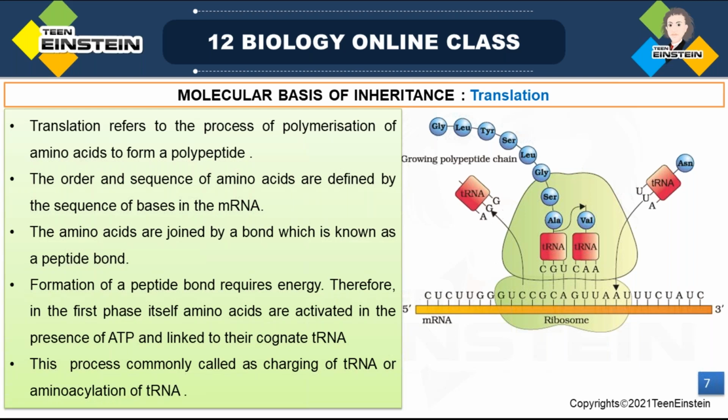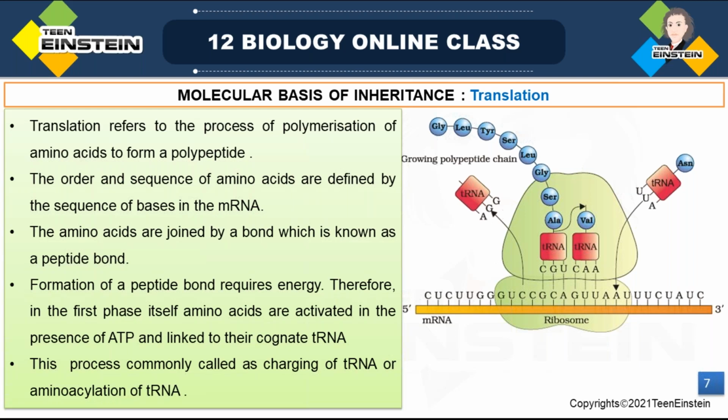Amino acids will get energy from that ATP, and these amino acids are linked to their particular tRNA. This particular step is called amino acylation. It is the starting stage of protein synthesis or translation.